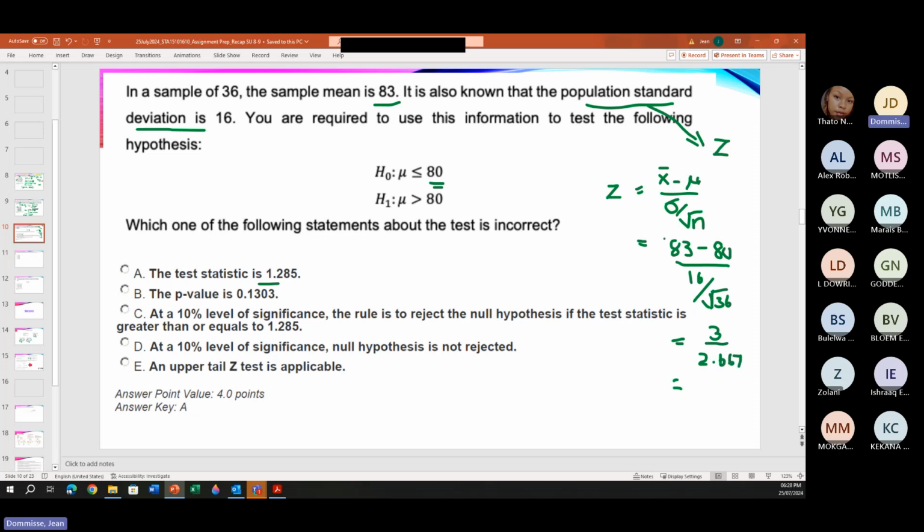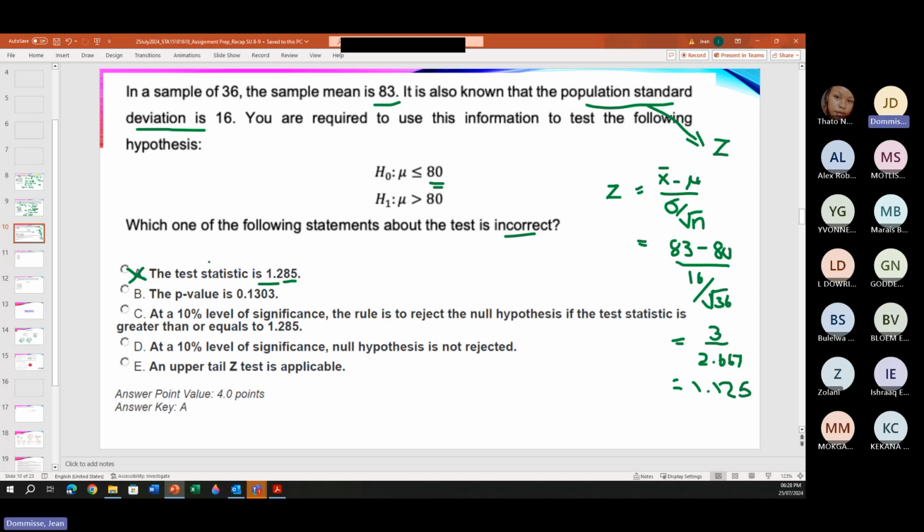If we work that out, we get the answer as 1.125. Okay, it's not the same, so that is the incorrect one. That's actually quite cool.